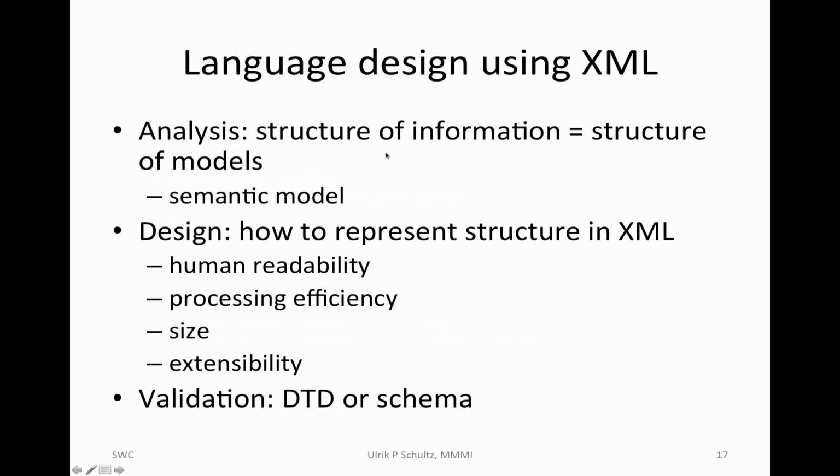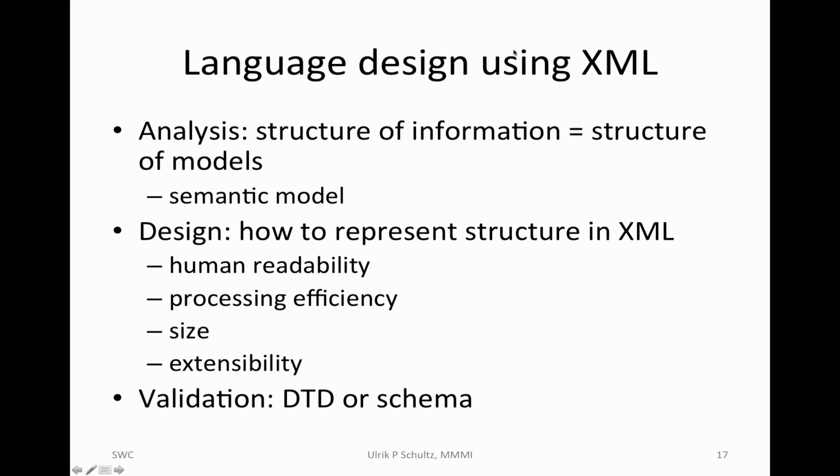When we design our language using XML, we use XML as a kind of language. Then we directly use the XML to write, as I said before, the semantic model. But then, of course, we also need to think about how to make it easily readable for humans.